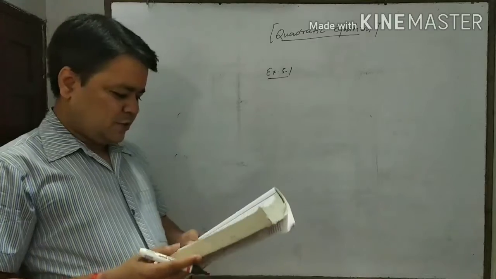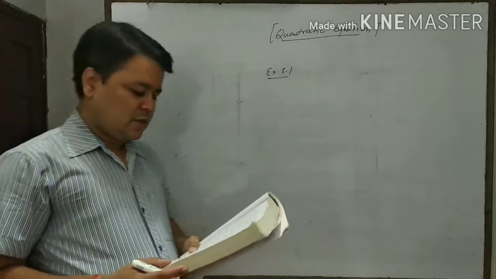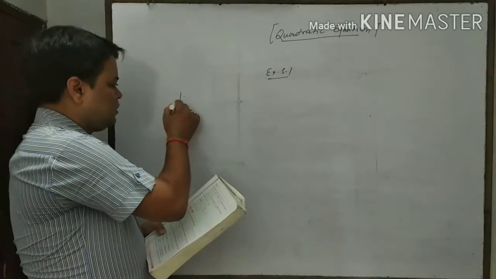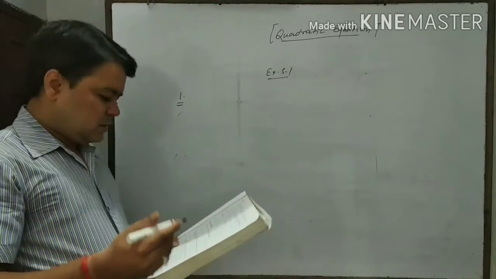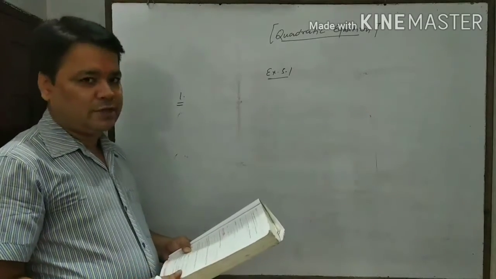Here the first question is, check whether the following are quadratic equations. It means in the first question we have to check only whether the given equation is quadratic or not quadratic.